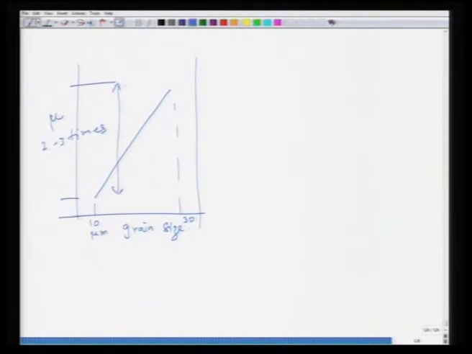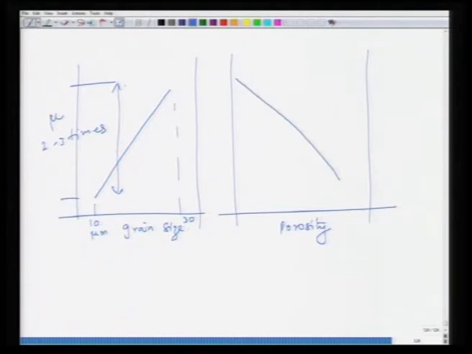So this is the effect of grain size, and then you can also study the effect of change of fractional porosity. So porosity also has a dominant effect. It tends to reduce the permeability of ferrite materials. So both grain size and porosity are a function of the way material is made, and this has a profound effect on the properties, especially the permeability of ceramics.